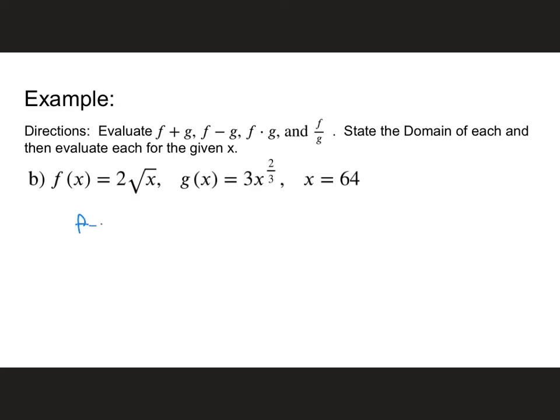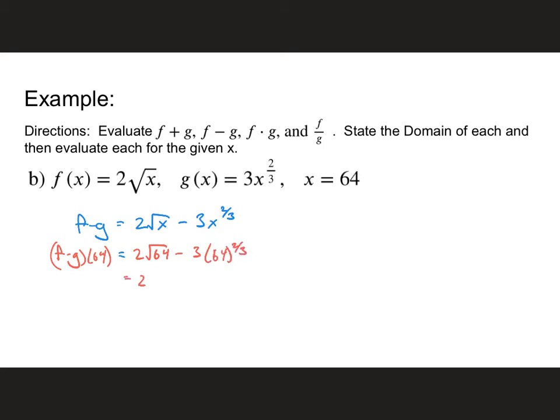Subtraction, f minus g. Let's see here. That's 2 square roots of x minus 3x to the 2/3 power. Nothing exciting going on here either. Very little to do. That's actually the answer. So let's evaluate that and plug in 64. That gives me 2 square roots of 64 minus 3 times 64 to the 2/3 power.